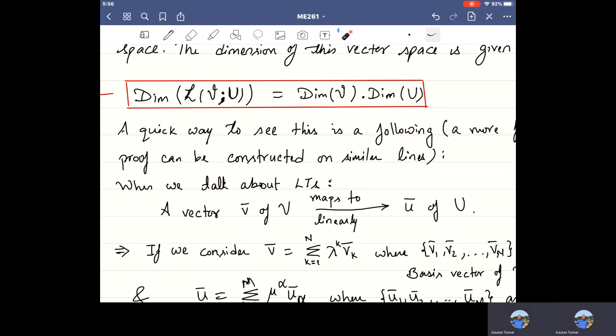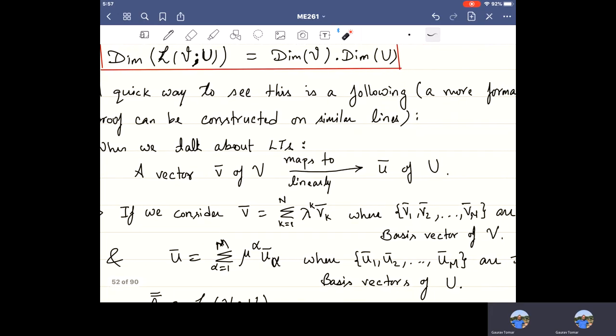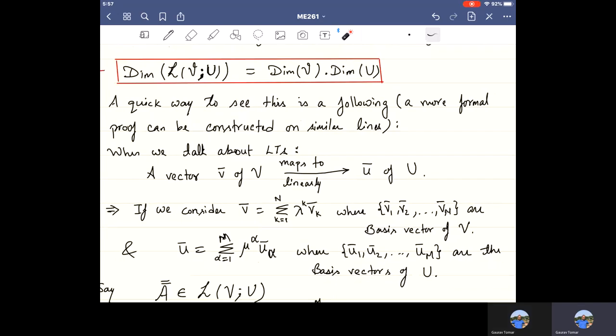Let's say a vector V of the vector space V is getting mapped linearly, and it's important that it is linear, to a vector U of the vector space U. If we choose V1 to Vn as the basis for generating the vector space V, then any vector V of vector space V can be written as a linear combination of these vectors, summation lambda k Vk.